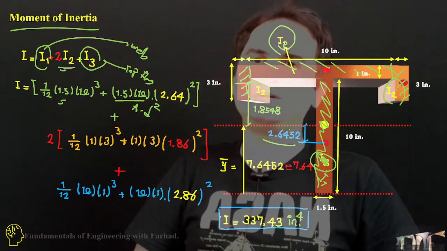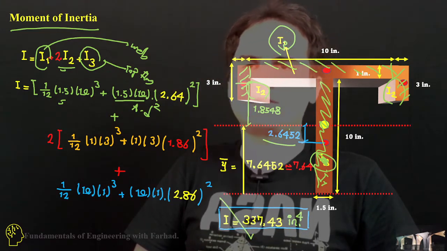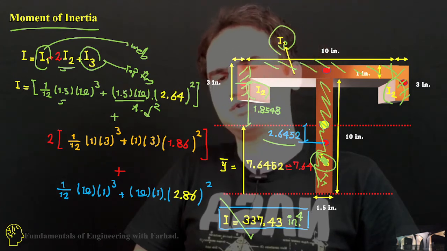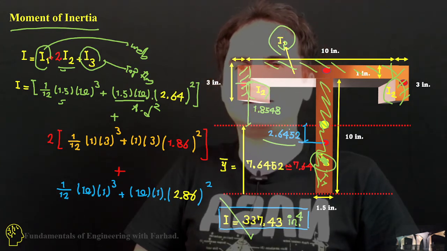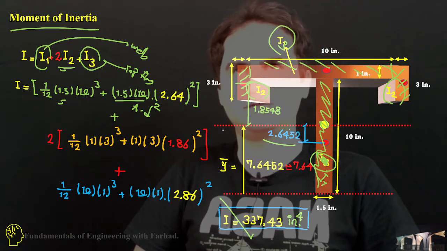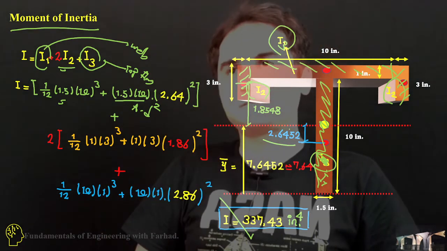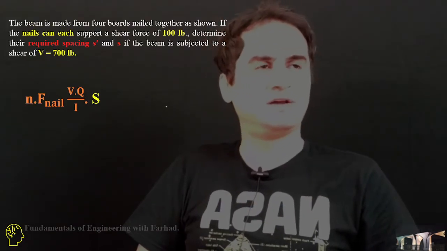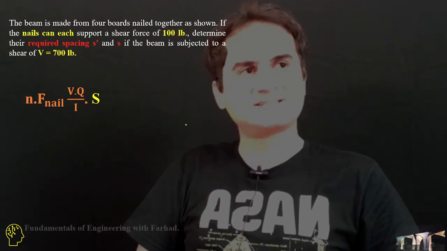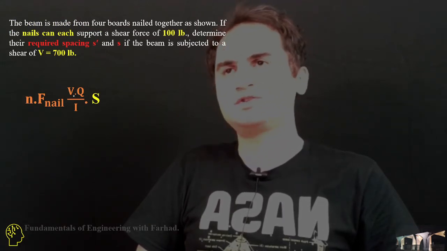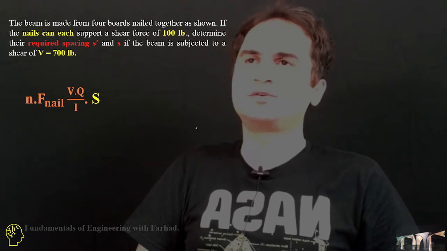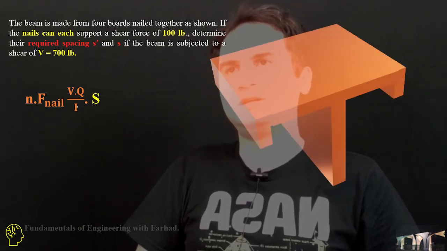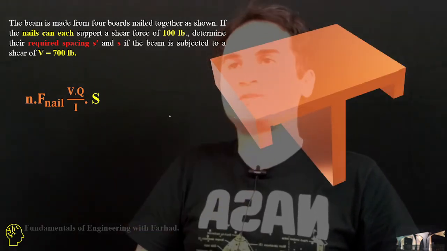The numeric value for the moment of inertia of the entire system is 337.43 inches to the fourth. And as soon as we have the centroid and moment of inertia, we can move on and calculate the rest of the problem.